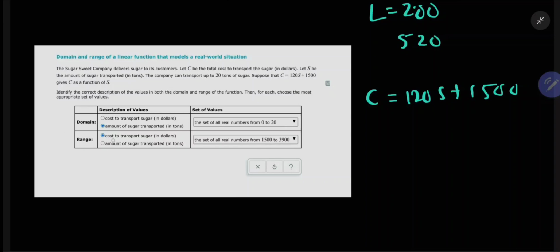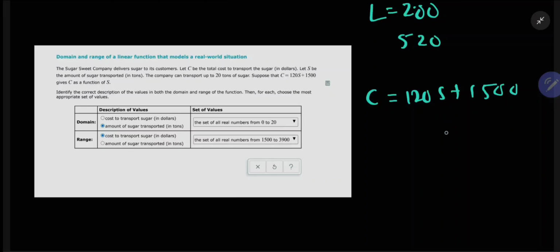So now we want to find the amount of sugar transported in tons. The company can transport up to 20 tons. They can't transport more than 20 tons. So that means our domain will go from 0 to 20. And our range will be the cost of the transportation, and this is the formula for the cost.